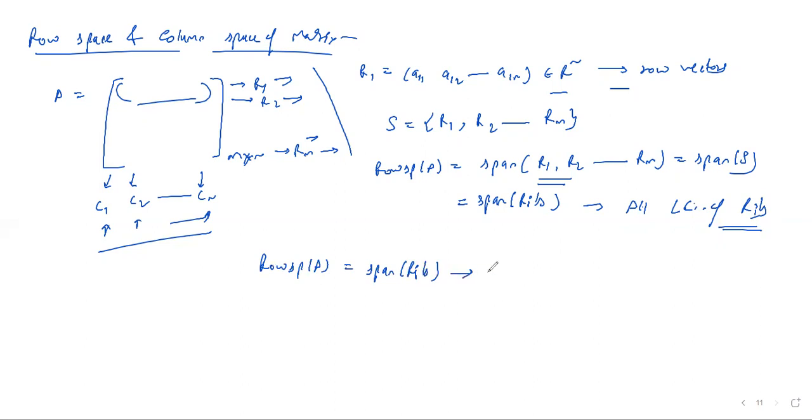Now I want to check whether this row space of the matrix A forms a subspace of R to the power n or not.